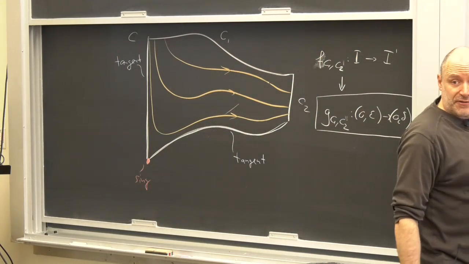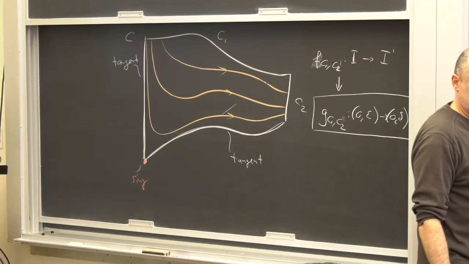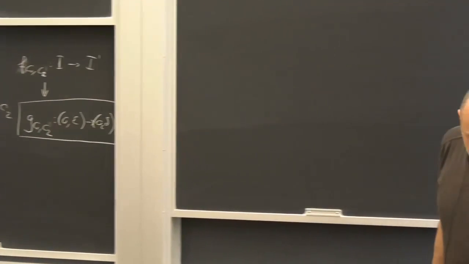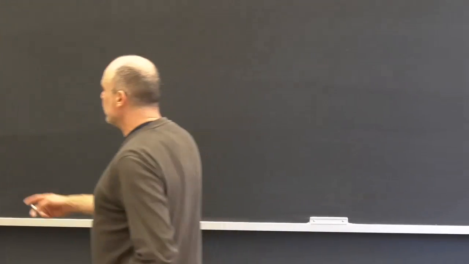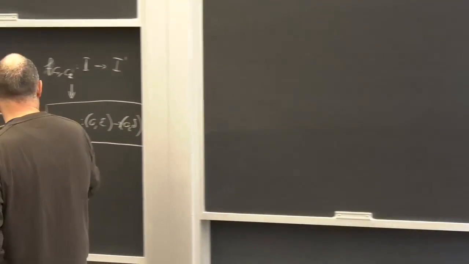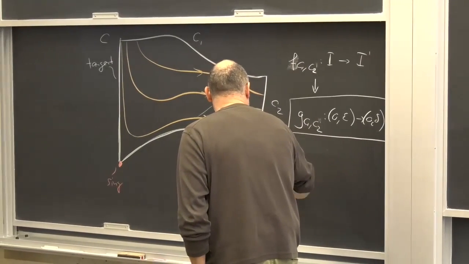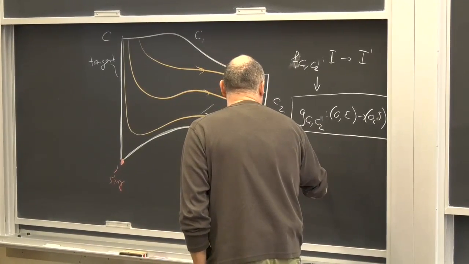So far, so good. Any questions? That's just the kind of review of what we did. By the way, this kind of picture that I'm drawing here has a name in the literature. It's often referred to as a hyperbolic sector.